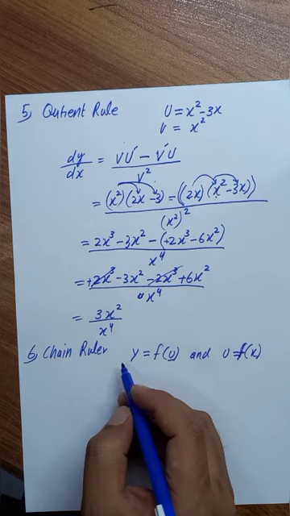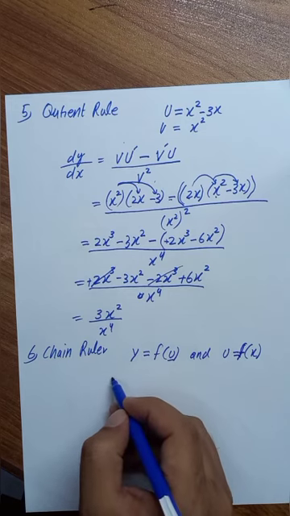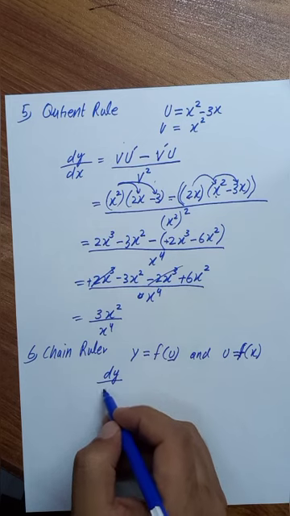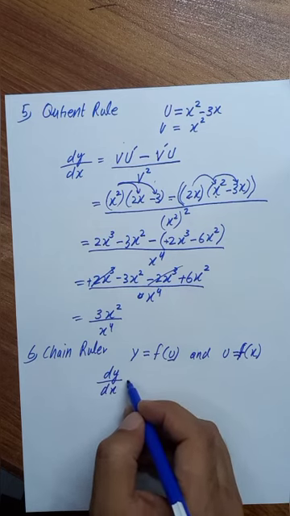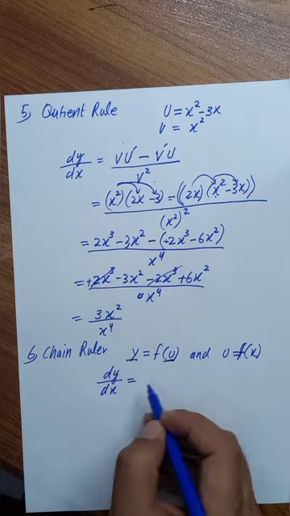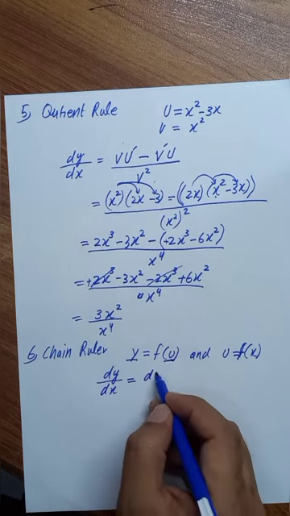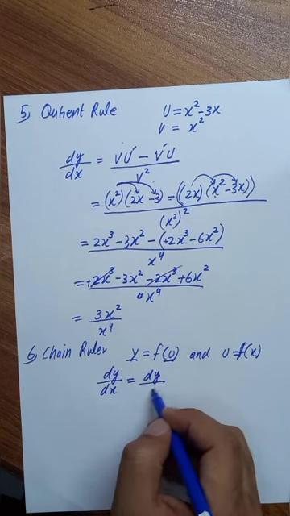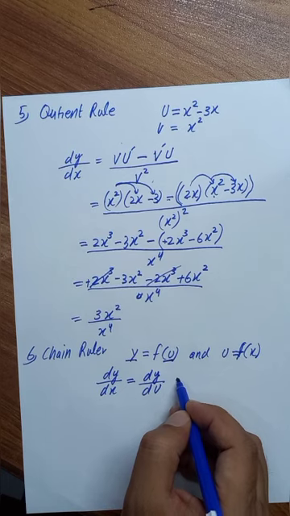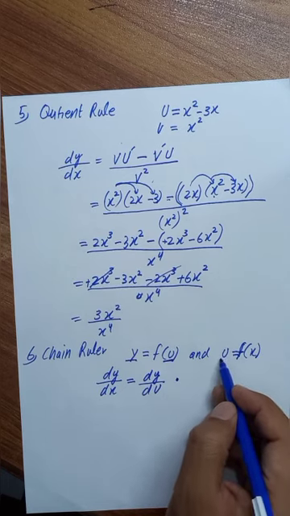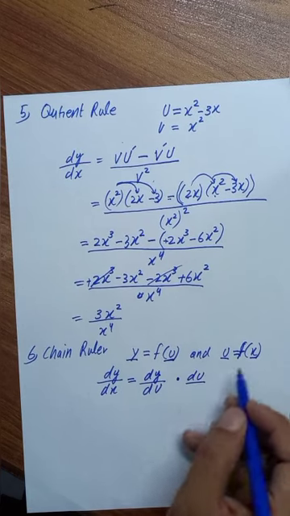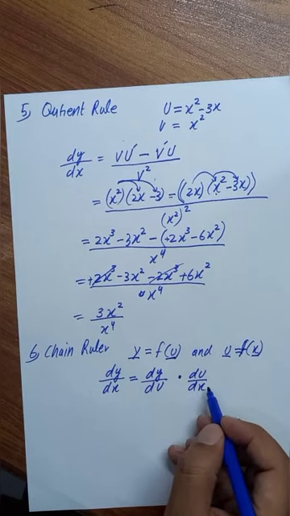When we are taking the derivative of this, this is the general form: dy by dx is equal to dy by du multiplied by du by dx, so derivative of y with respect to u into derivative of u with respect to x.